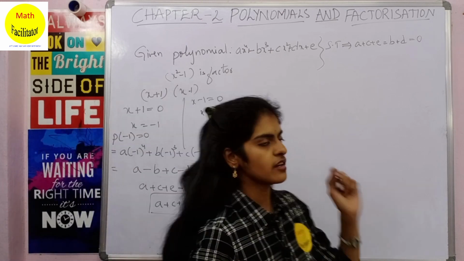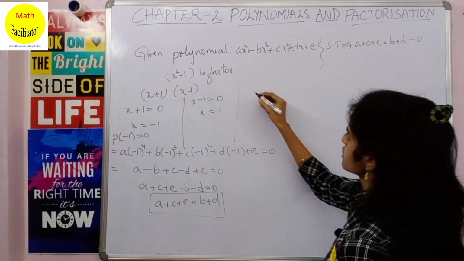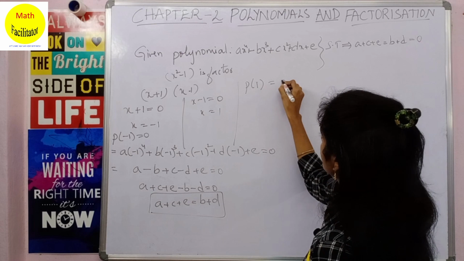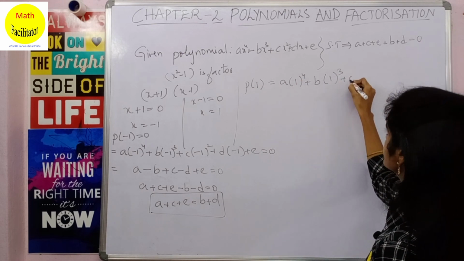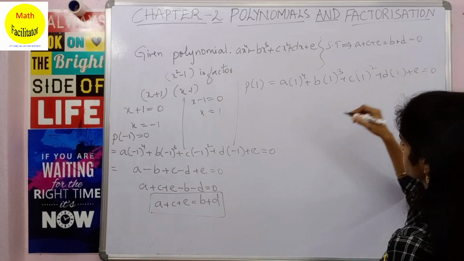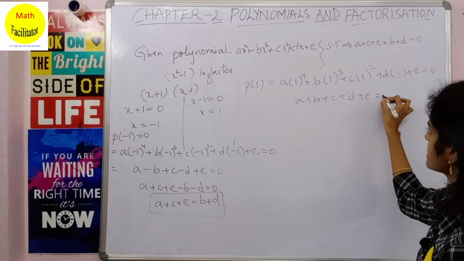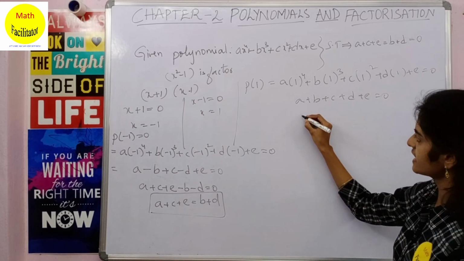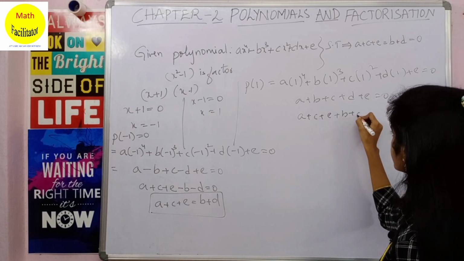Now when x equal to 1, what happens? So here you will substitute 1. So p of 1 is a into 1 power 4 plus b into 1 cube plus c into 1 square plus d into 1 plus e equal to 0. So this is a plus b plus c plus d plus e, which is 0. Let us rearrange: a plus c plus e plus b plus d is 0.